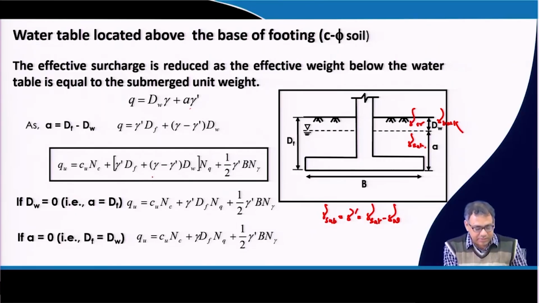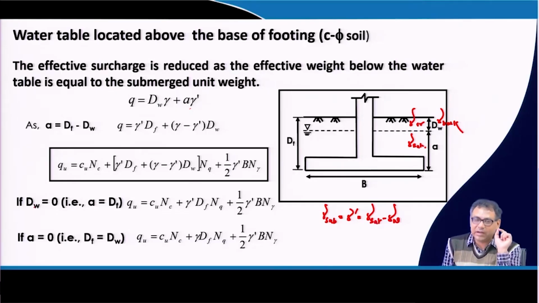If your water table is at the base of the foundation, that means d_A is equal to 0, then the first term will be gamma bulk or gamma, but the second unit weight, which is in the third term, will be gamma sub. And if the water table is at the ground surface, then both the gammas will be gamma sub or gamma dash.